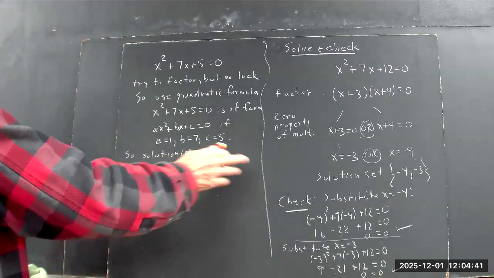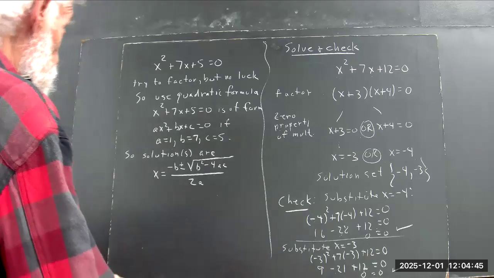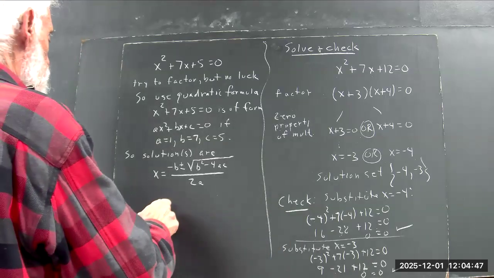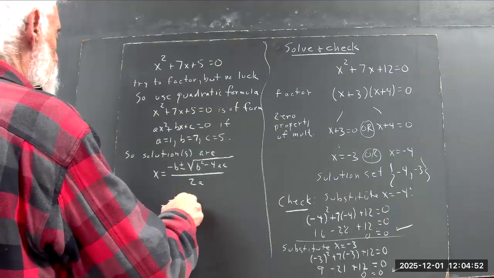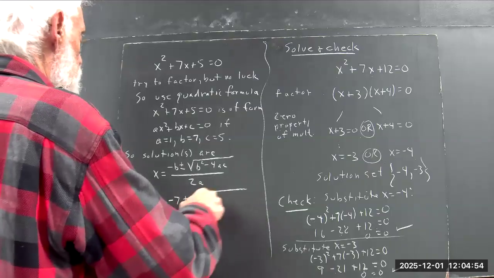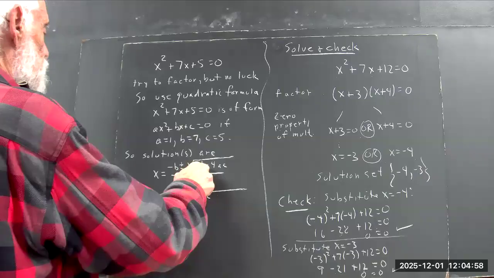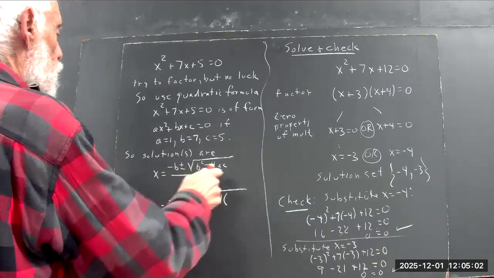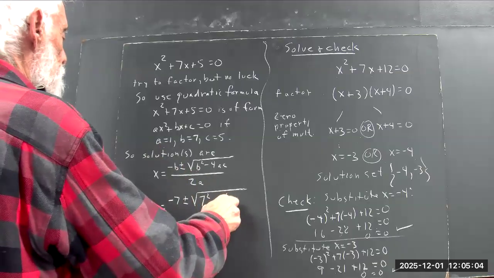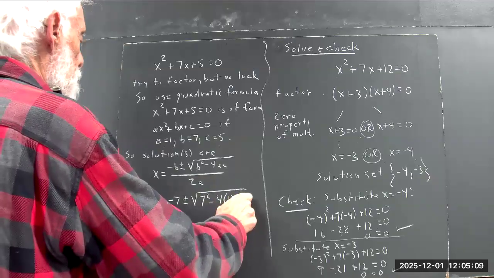Solutions are x equals -b plus or minus the square root of b squared minus 4ac all over 2a, equals, well, b is 7, so we get 7 squared. Then it's minus 4ac, a is 1, and c is 5.